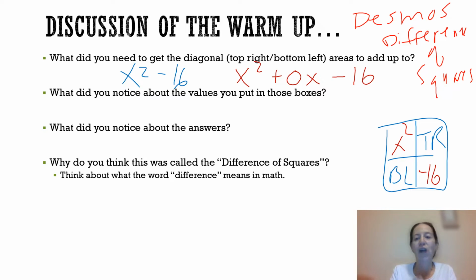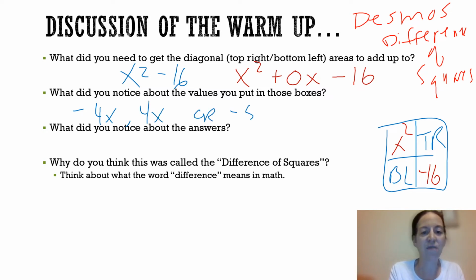So you're trying to get those to cancel each other out, to add up to 0. What did you notice about the values that you put in those boxes? I hope you noticed that they were things like negative 4x and positive 4x, or negative 5x and positive 5x.